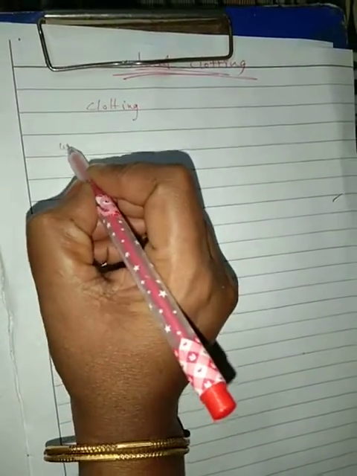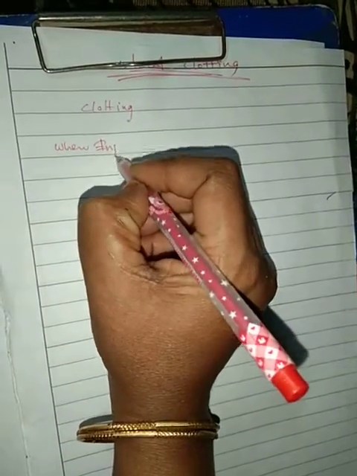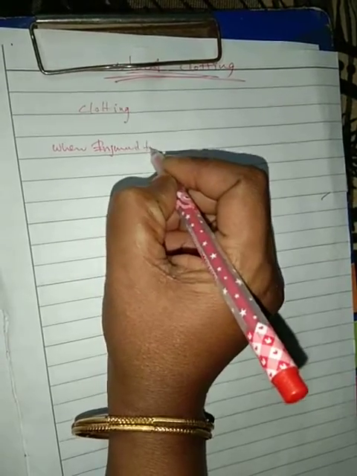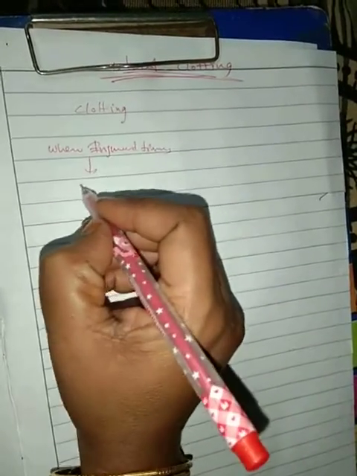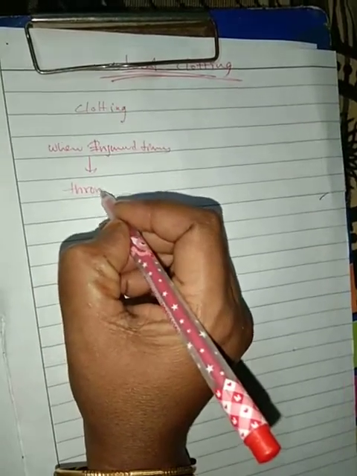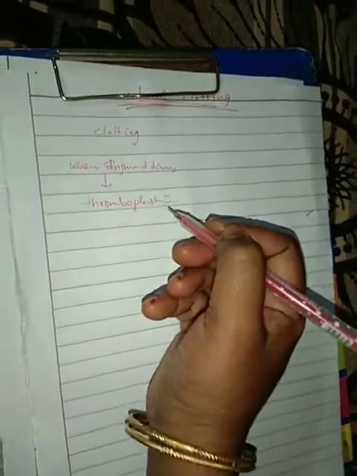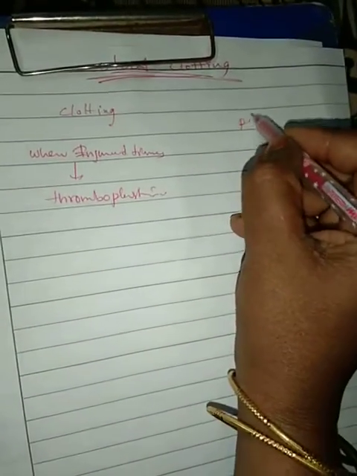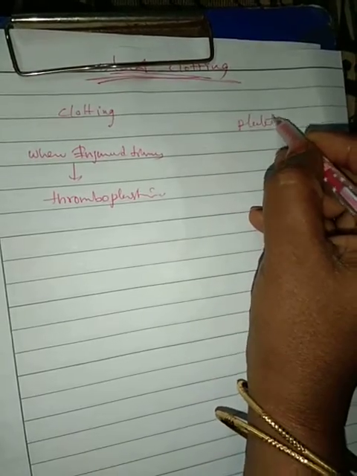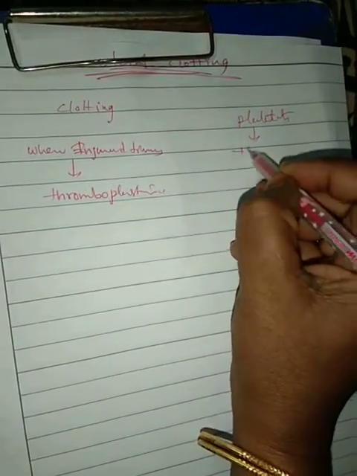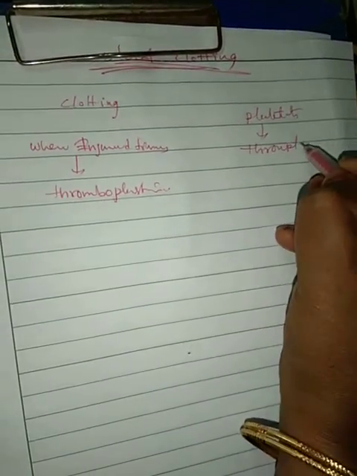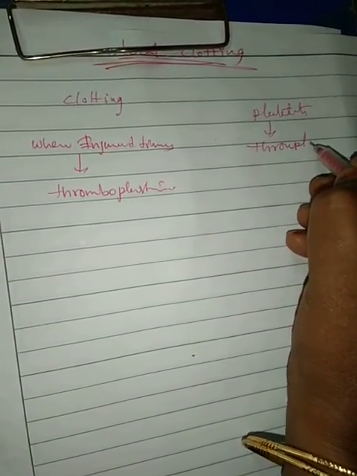For example, the injured tissue contains thromboplastin, and the blood platelets release thromboplastin.